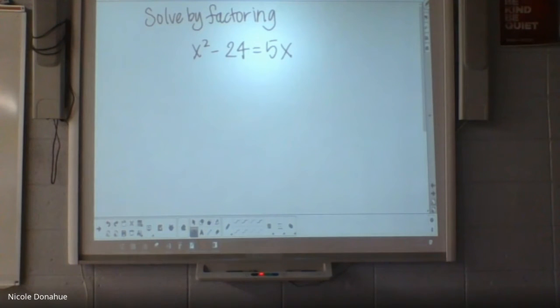Yes, good job. So move this over. Make it equal 0 first. Then you have to set each of them equal to 0. Only thing is they should both be negative. You're multiplying to get this, adding to get that.